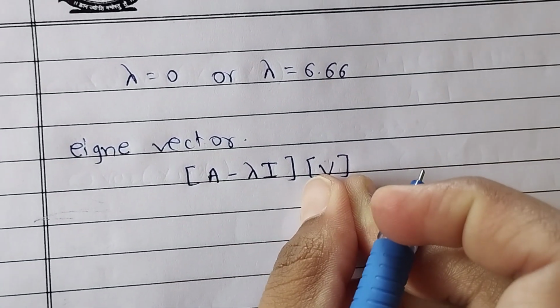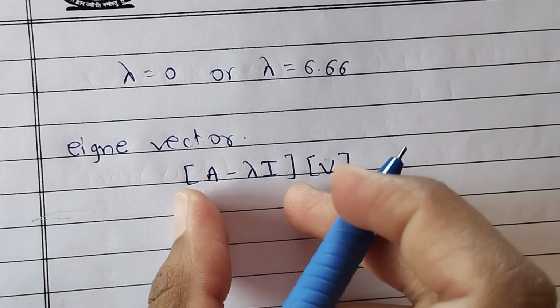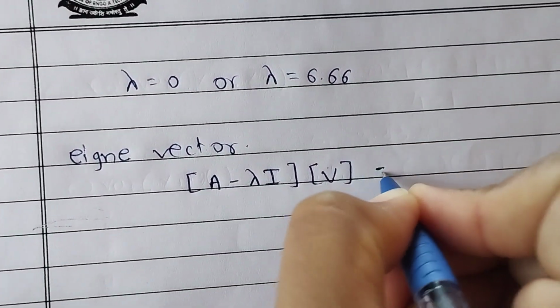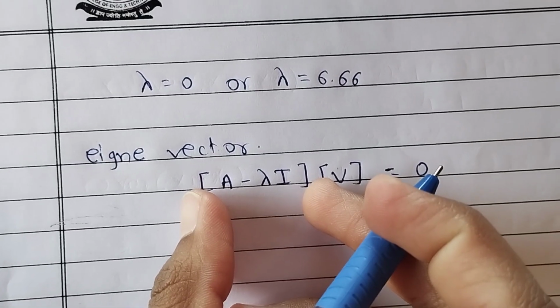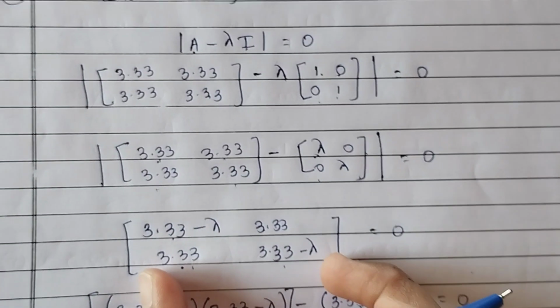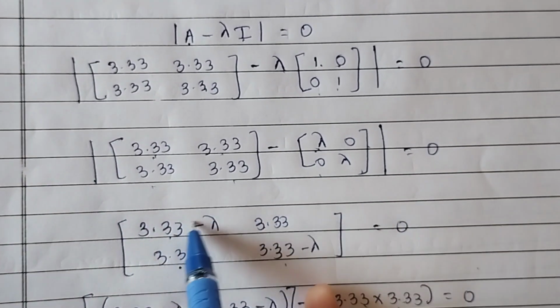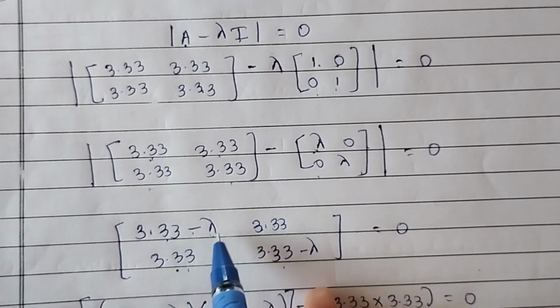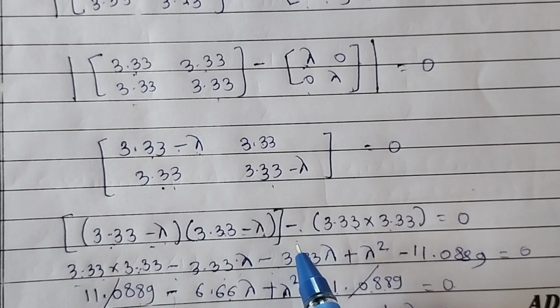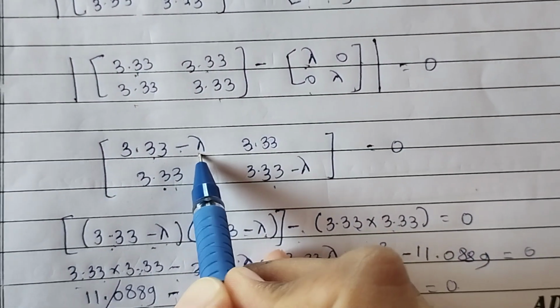This second bracket is for the vector, this is for the value. Previously we didn't know the lambda's value, but when we solved the matrix we got it.